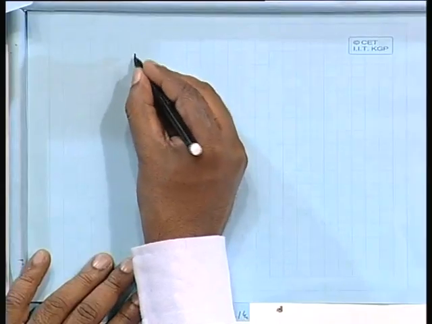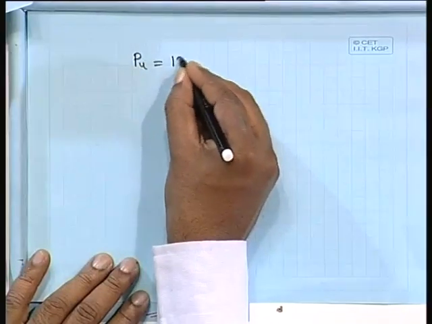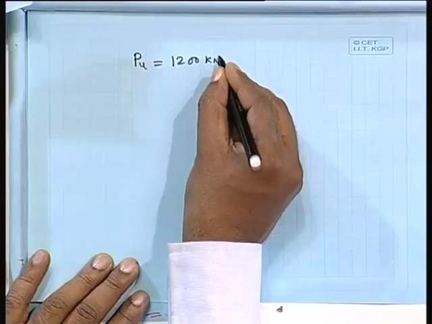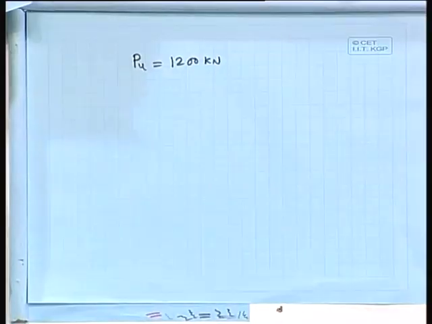So what we shall do here, PU 1200, let me come to that portion where I have missed those values. Yes.